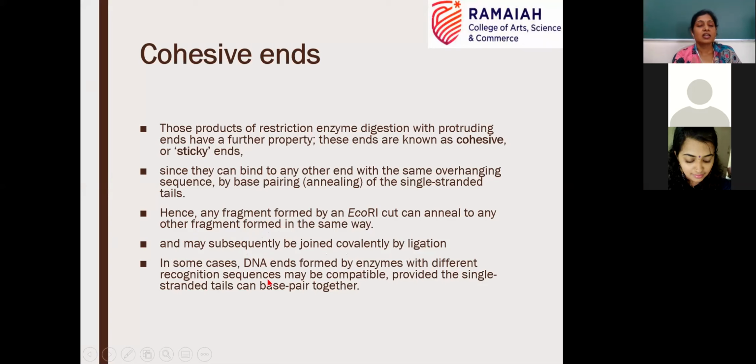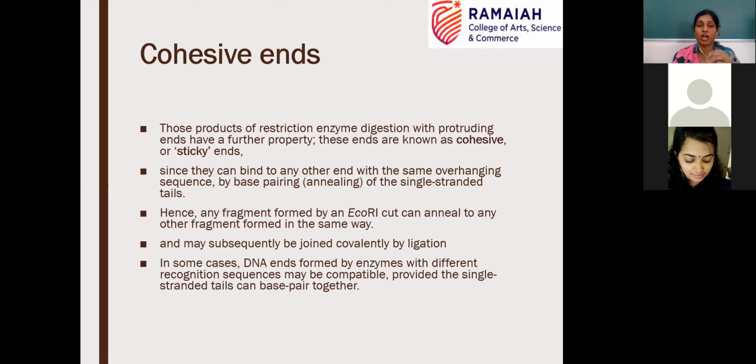In some cases, ends formed by enzymes with different recognition sequences could also be compatible, provided they have single-stranded tails capable of base pairing together. So the point is that when you use restriction endonucleases, the restriction fragment produced could be 5' overhang, 3' overhang or blunt-ended. These overhanging ends are sticky because they are able to base pair with compatible ends.